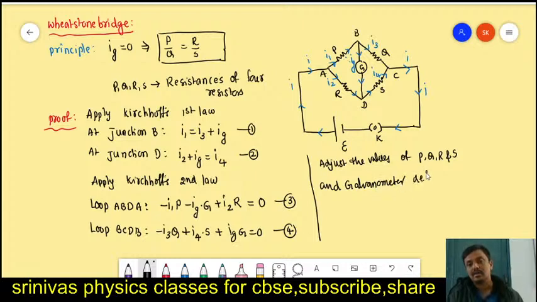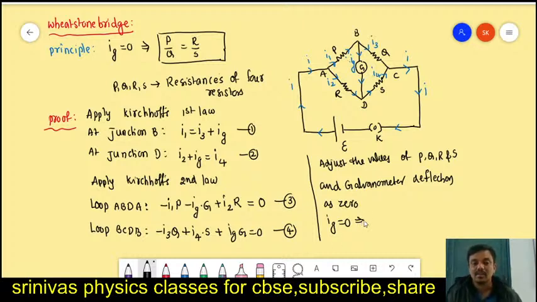Then you write Ig equals 0. By adjusting P, Q, R, S, you have to make the galvanometer deflection as 0.